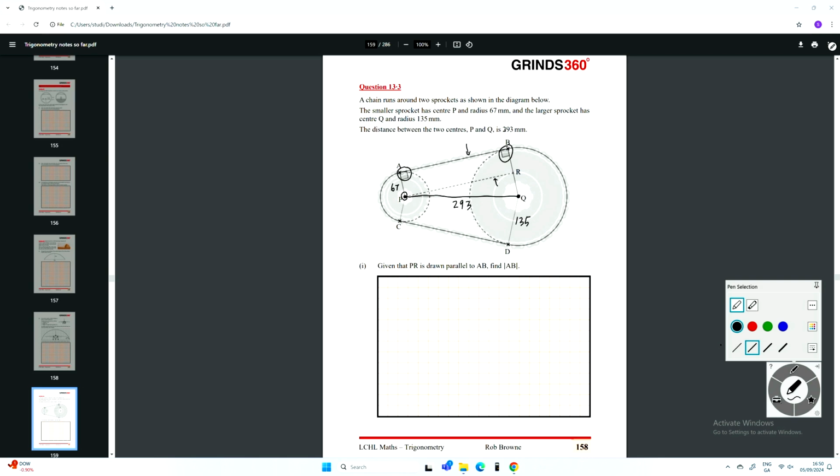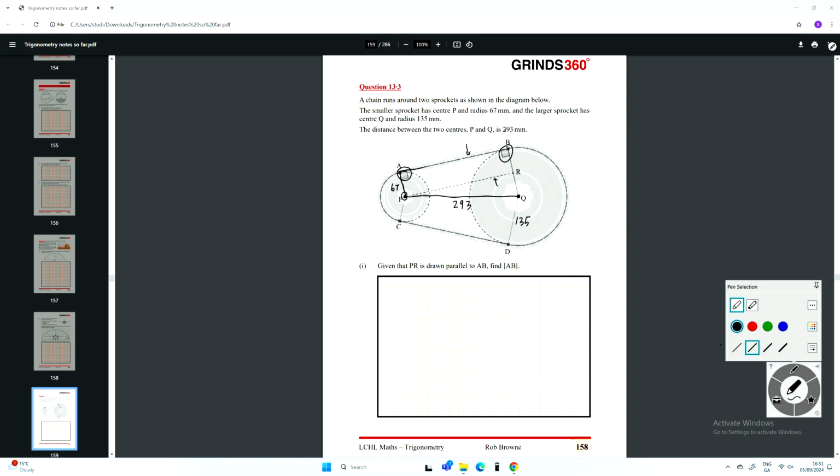And an important piece of information to have in my back pocket when I'm solving any kind of trigonometric problem like this is that a radius and a tangent are always perpendicular at the point of contact. So that would have been a right angle anyway. Because AB is a tangent, only hitting the circle once, it's perpendicular to the radius at that point. So that's a right angle up there.